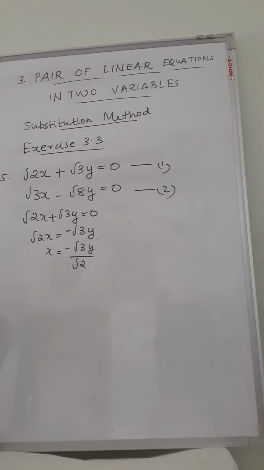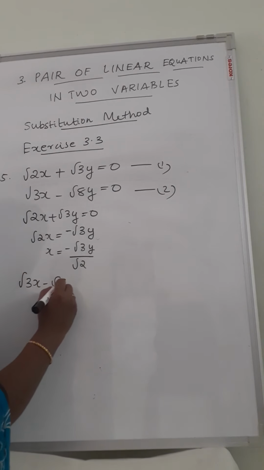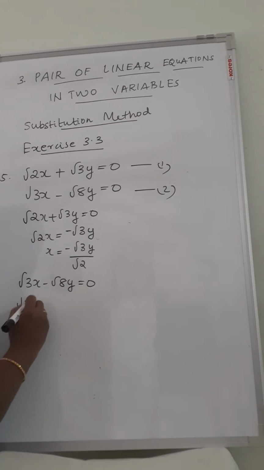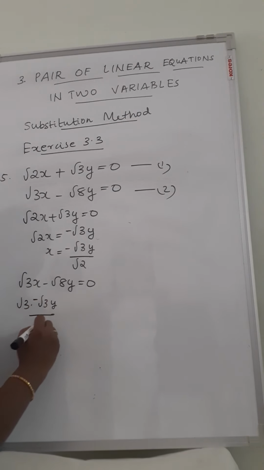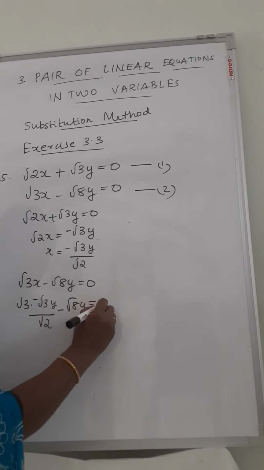Okay. Then substitute the value of x in equation number 2. Equation number 2 is root 3x minus root 8y is equal to 0. Then root 3 into x is minus root 3y by root 2 minus root 8y is equal to 0.